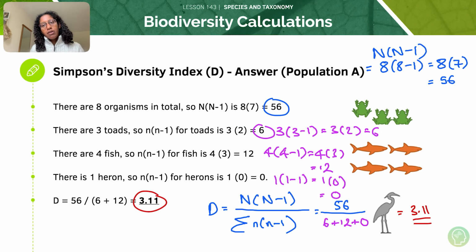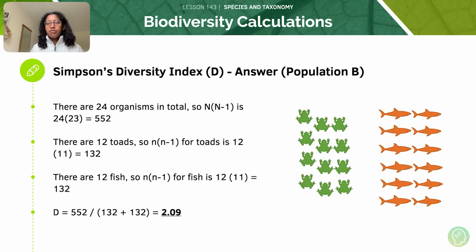Okay, so I'm going to go and talk about the answer for the diversity index for population B. So let's again jot down that really handy equation. So it's diversity index equals big N times big N minus 1 over the sum of the small n's times n minus 1.